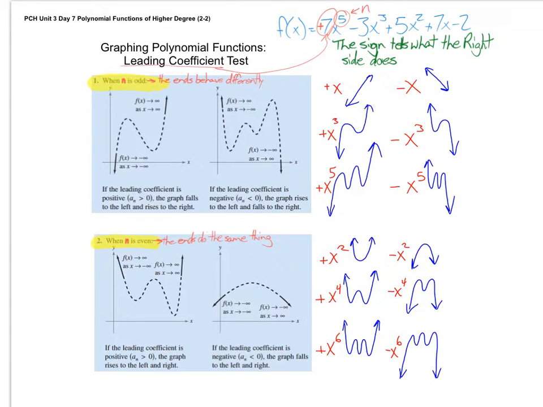Plus, right side goes up. Down here even, plus, right side is going up. All these ones here where we have a negative leading coefficient, the right side is going down. Okay?